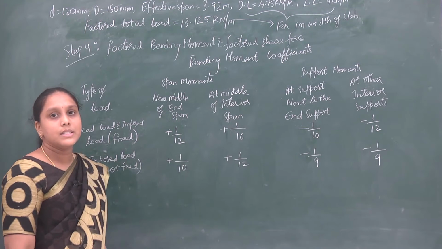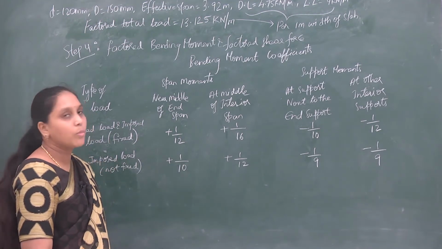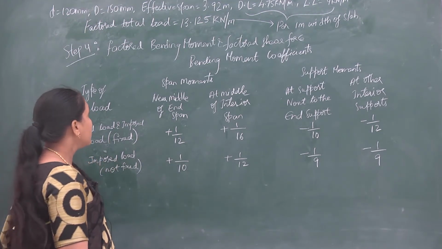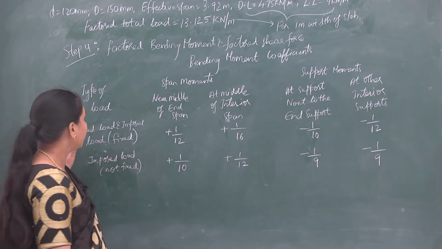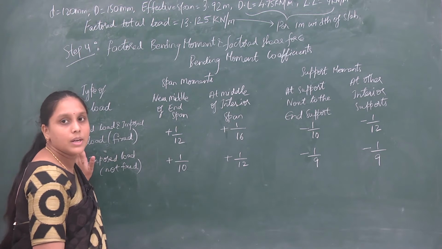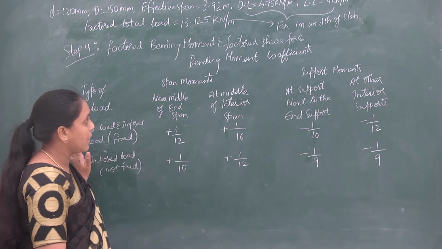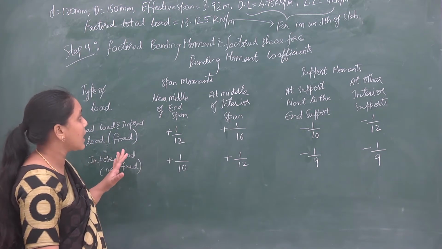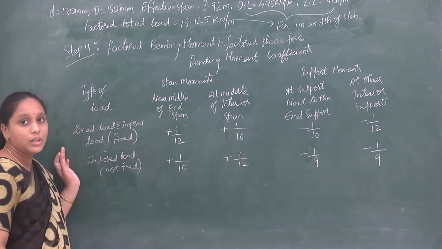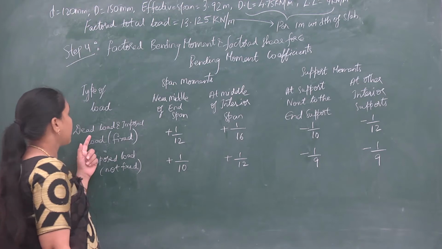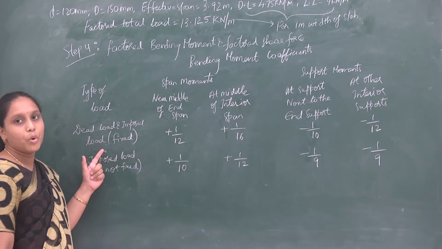Now first let us write down the bending moment coefficients. This is table 12 of IS 456-2000. In this table, the bending moment coefficients are given for the types of loads: dead load and imposed load.